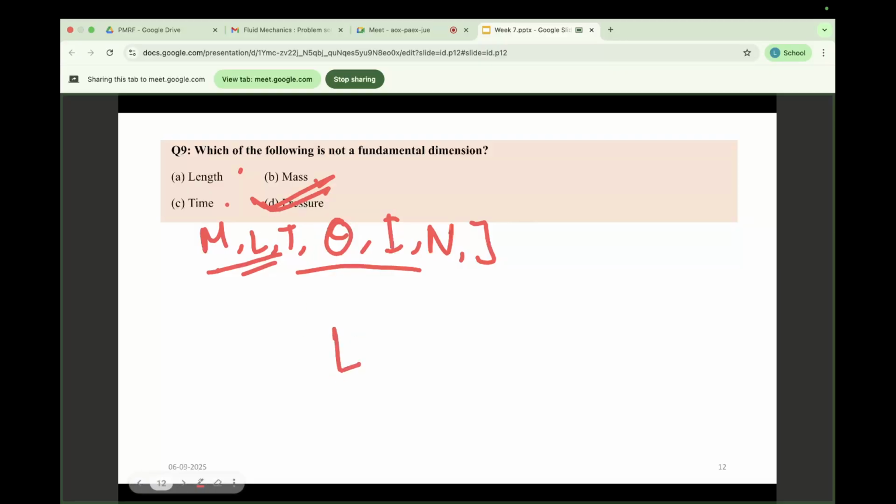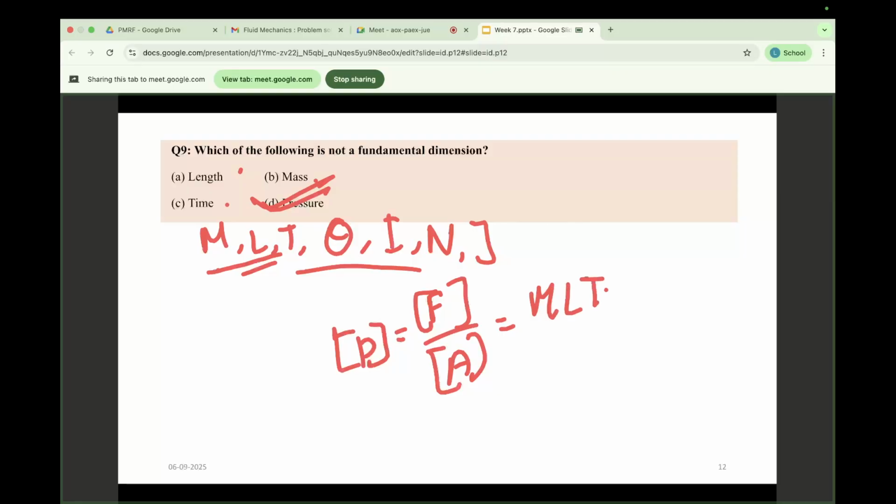If you want to find out this pressure, how is pressure defined? Pressure is force by area, right? Force is M L T to the power minus 2, divided by area L square.